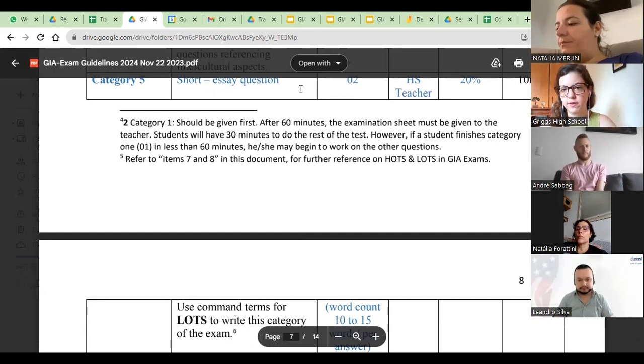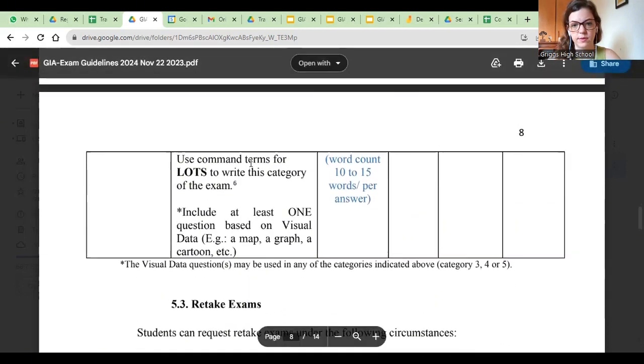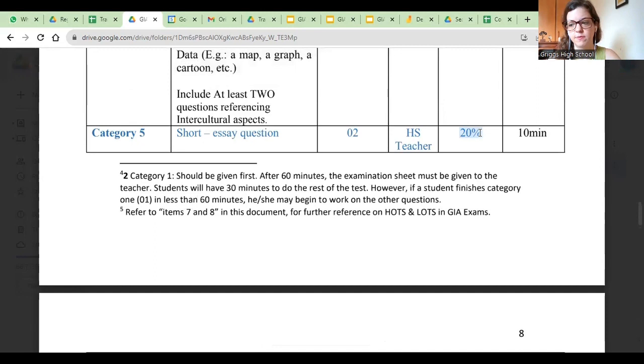You can give them the other questions to continue. Okay. Just to finish here, short essay is worth 20% of the total grade of the exam. So it's also important.